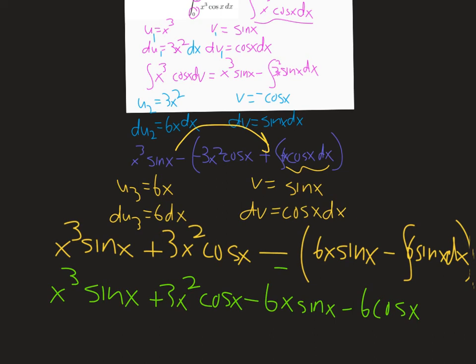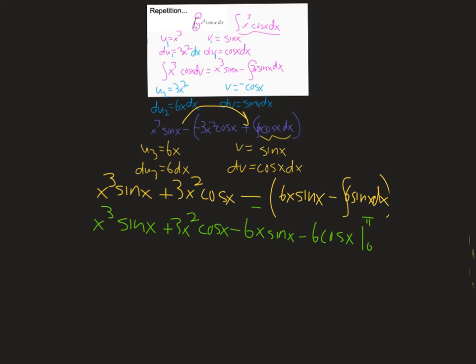So I can go ahead and put on the 0 and pi now, and I can plug numbers in to figure out what this is. So I plug in pi. I shouldn't have to do this for you, you should be able to do it, but I'm going to do it anyway. Well, the sine of pi is 0, so that goes away. Cosine of pi is negative 1, so that's negative 3 pi squared.